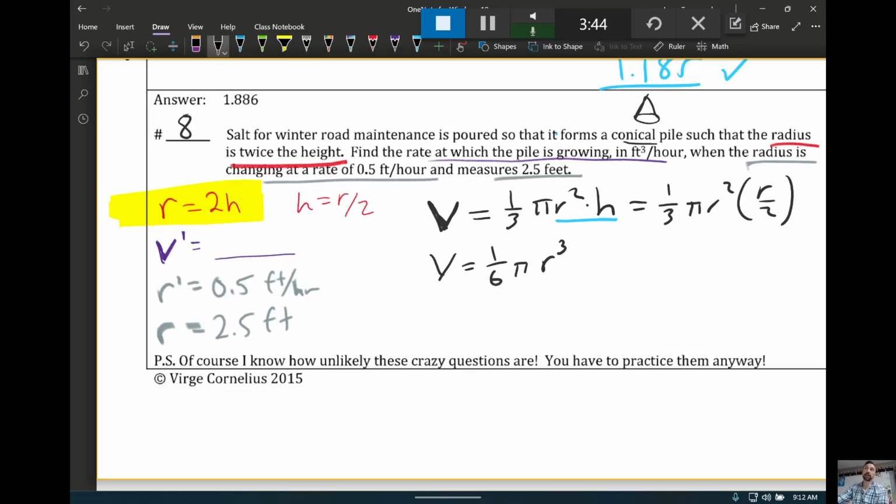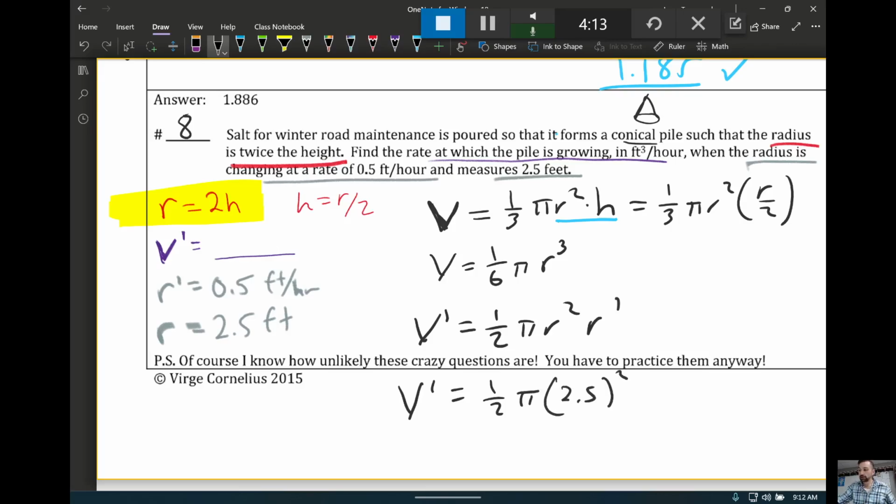Now it only has r stuff, and so when I take the derivative, it's only going to have r's and r prime stuff, which is good because that's what I have. So you had to leverage this, change everything in terms of r, so that when you took the derivative, it only created stuff that you knew the answer to.